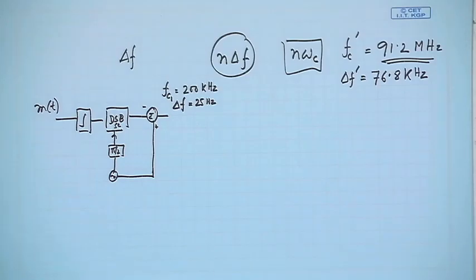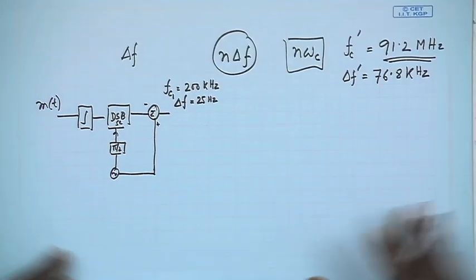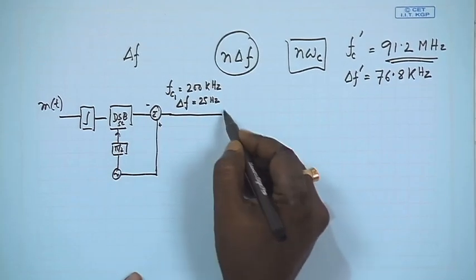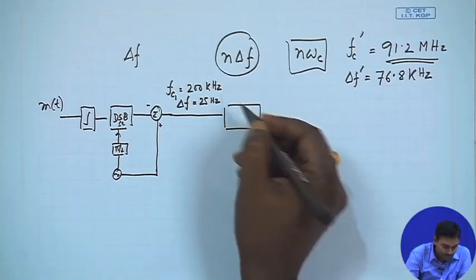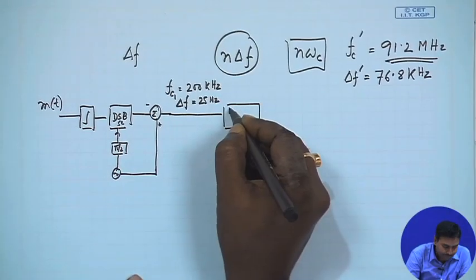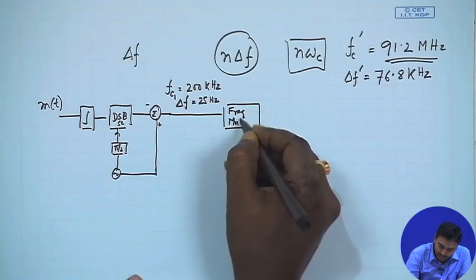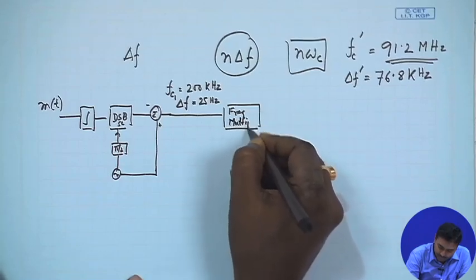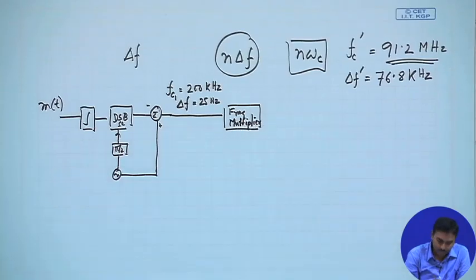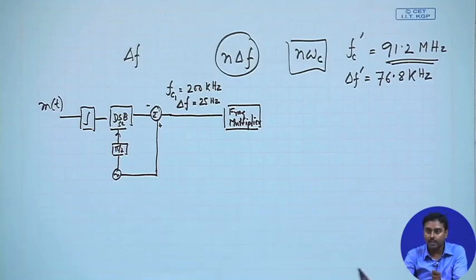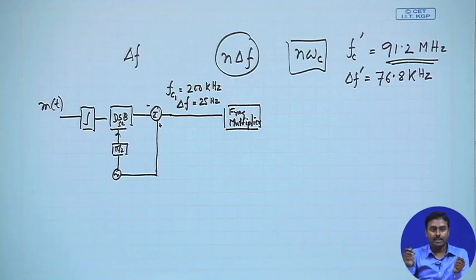So, this is what general FM they do, if this is the case, then there will be a frequency multiplier. Okay. So, this is the frequency multiplier we are talking about, that means nth order non-linearity, which translates both the things. It increases the deviation of FM as well as, so this is the indirect method.